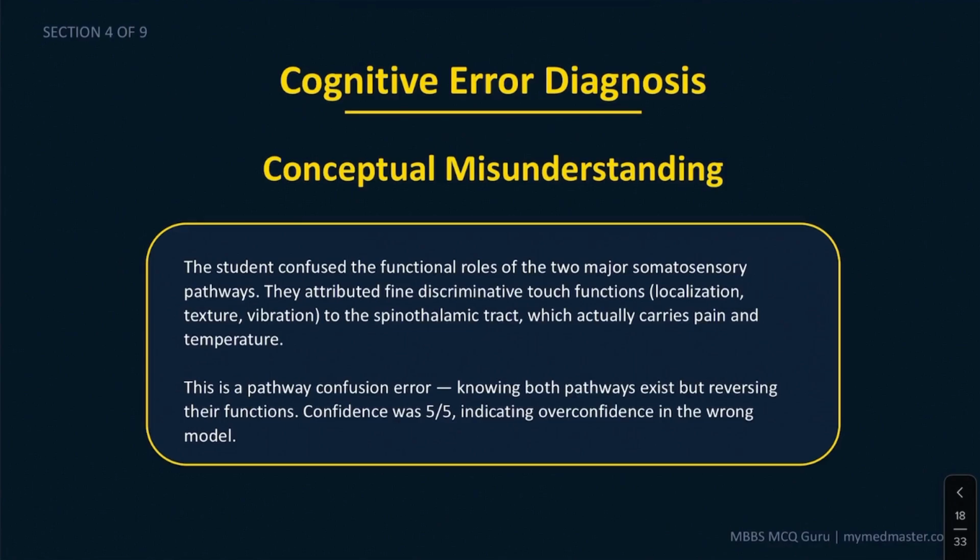Here, the student reversed the somatosensory pathway functions. They knew both pathways exist, but they attributed fine touch functions to the spinothalamic tract, which actually carries pain and temperature. So, same error category, conceptual misunderstanding, for both questions, but a completely different mechanism. So, this tool distinguishes between those two different error types.